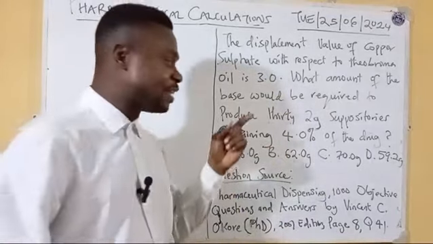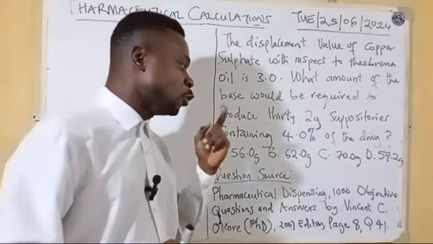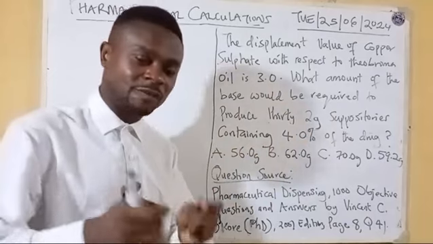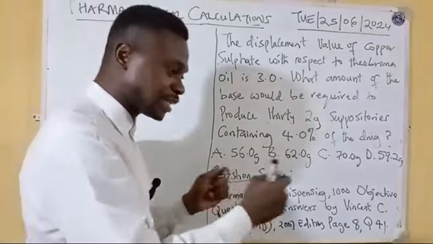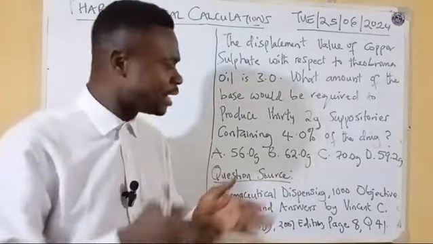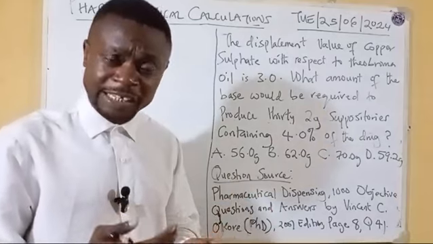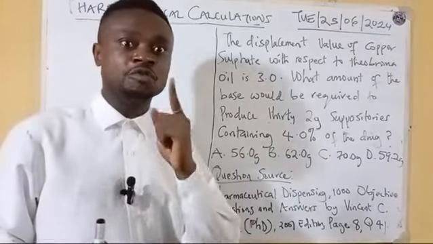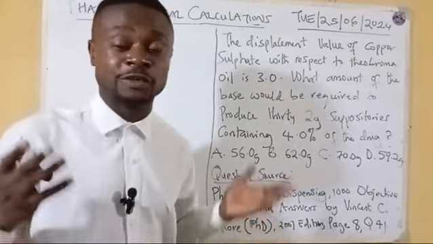Also remember that you will not just mix exactly enough for 30, because some of the ingredients may be lost during transfer or mixing, or in one step or the other, and the amount of ingredients may come down. So if you measure exactly, you may end up preparing only 25 suppositories.